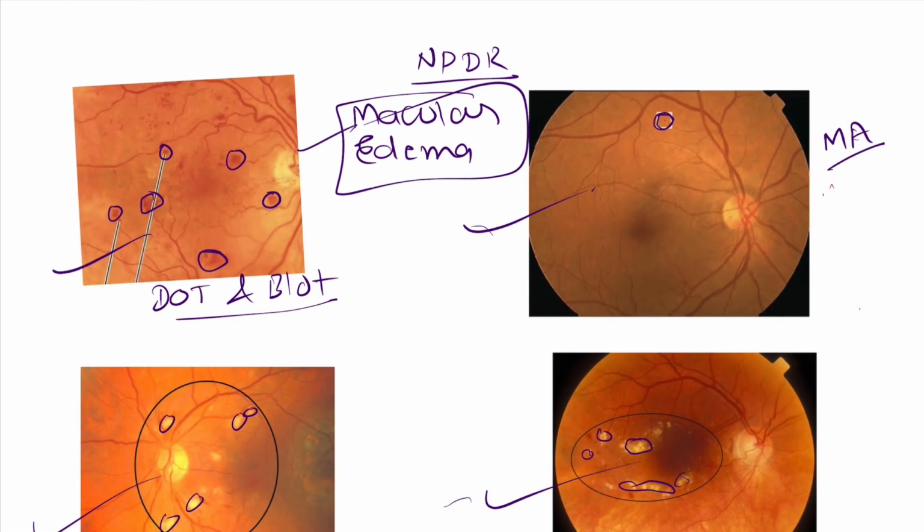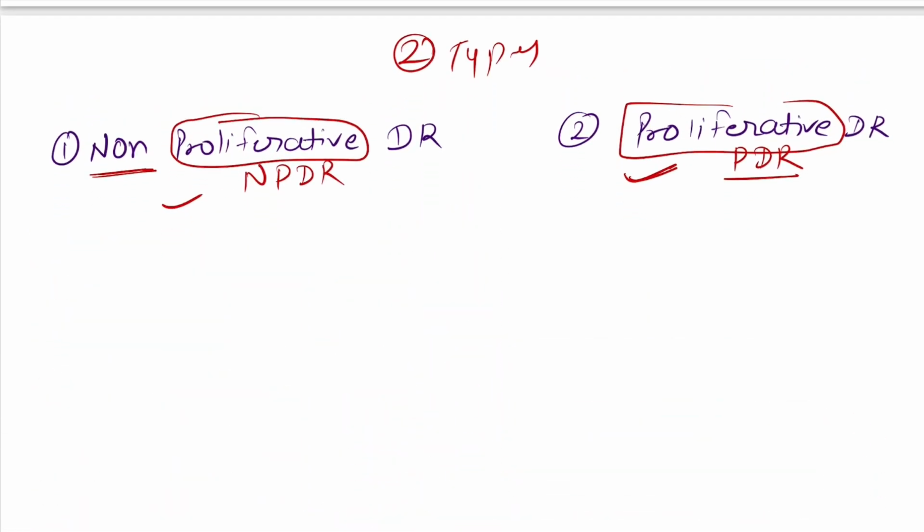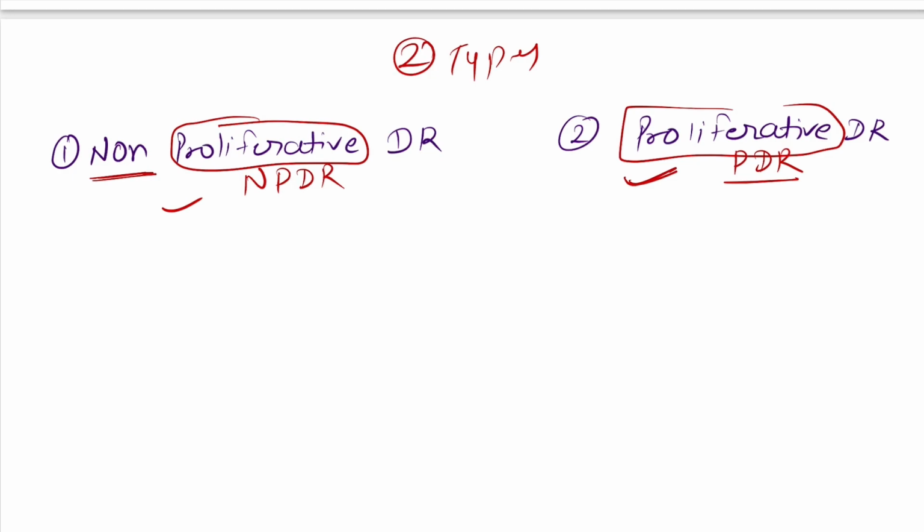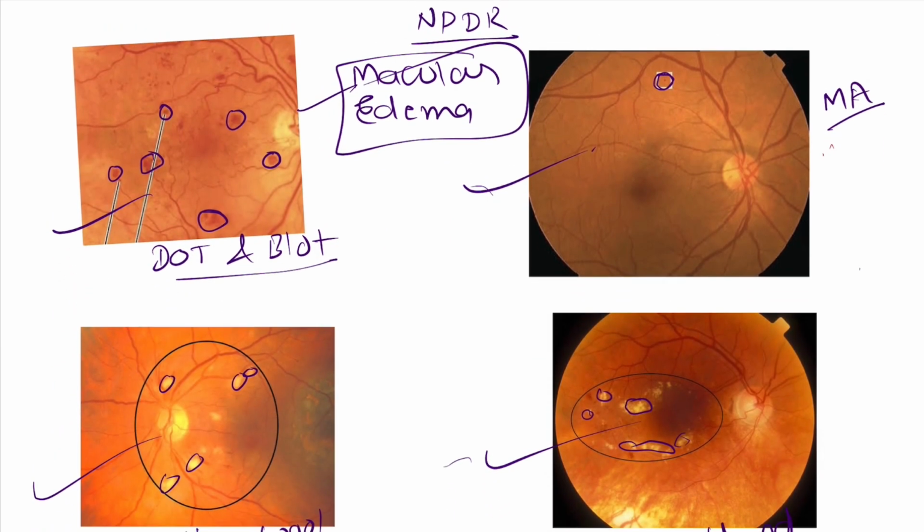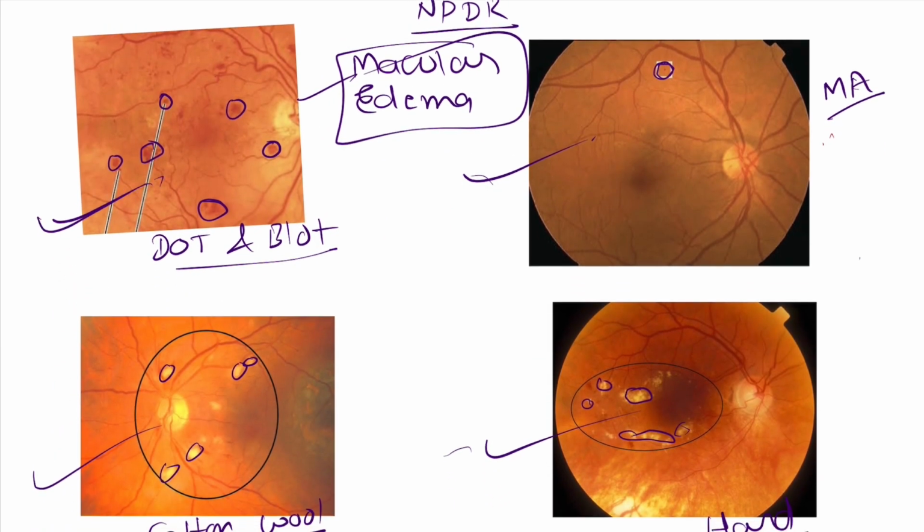First of all, in the NPDR, non-proliferative means there is no neovascularization. Other than neovascularization, what are the main signs in non-proliferative diabetic retinopathy? These are: dot-blot hemorrhages, macular edema, cotton wool appearance, soft exudates, and hard exudates.